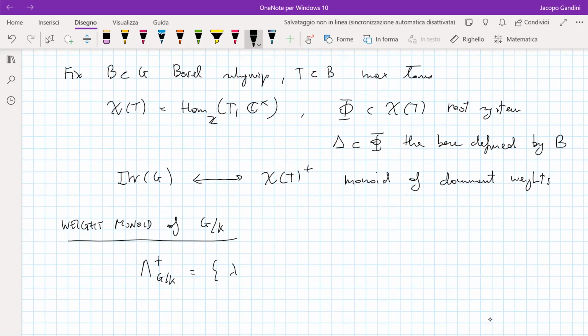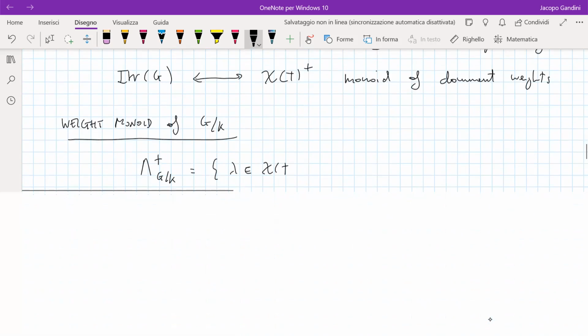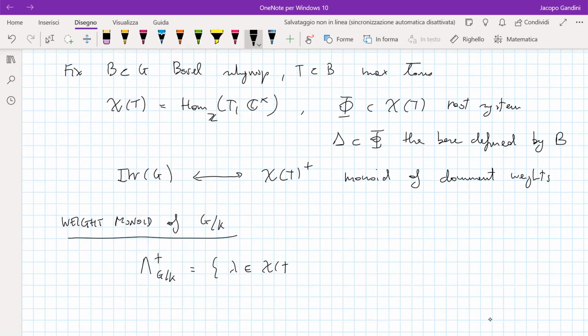This is the set of dominant weights such that V lambda K is non-zero. Where I'm denoting by V lambda, if I start with a dominant weight lambda, the corresponding irreducible module.